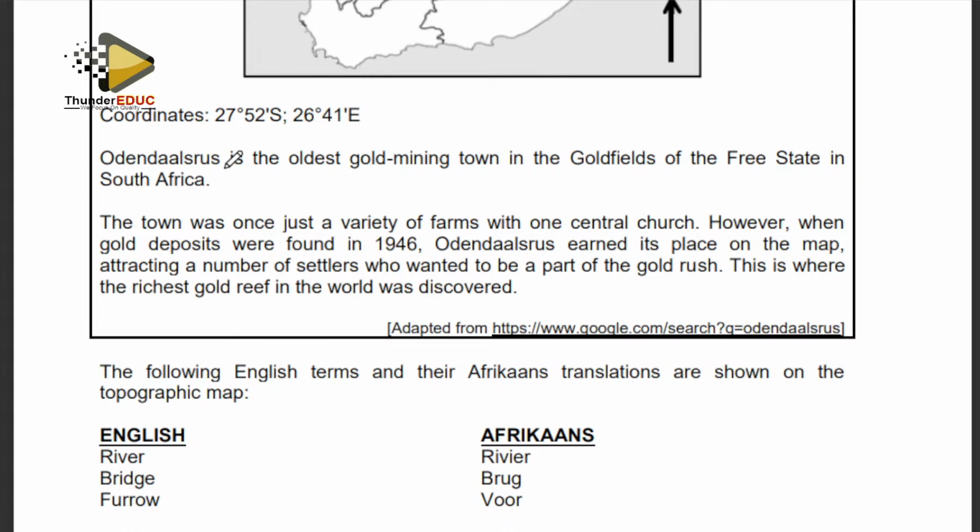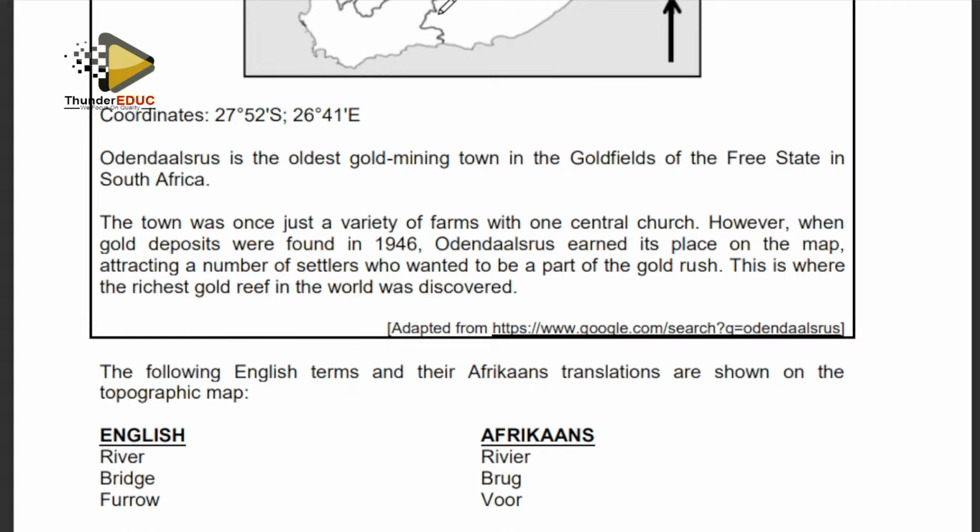Odendaalsrus is the oldest gold mining town in the gold fields of Free State in South Africa. The town was once just a variety of farms with one central church. However, when gold deposits were found in 1946, the area earned its place on the map, attracting a number of settlers who wanted to be part of the gold rush.